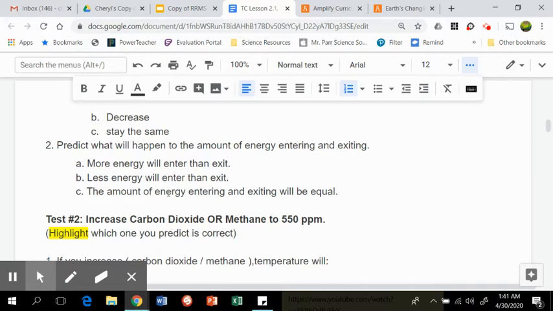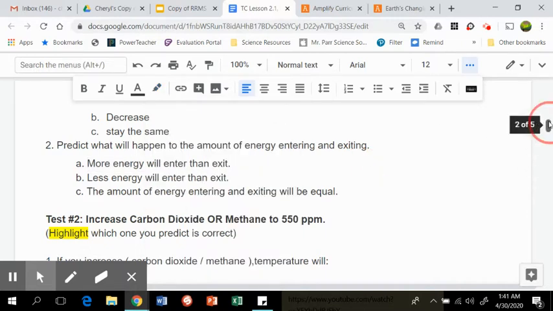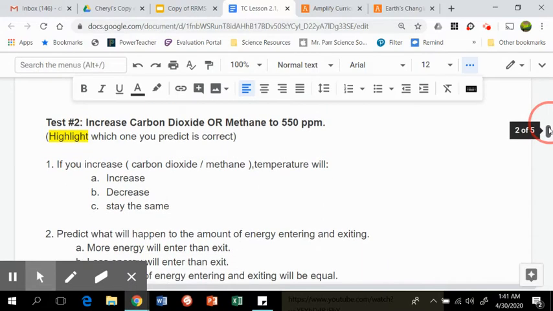Or the amount of energy entering and exiting will be equal? Again, if you want to highlight A or B or C, you select the text, you press on the 3 dots, and then you click whichever color you want to highlight it.